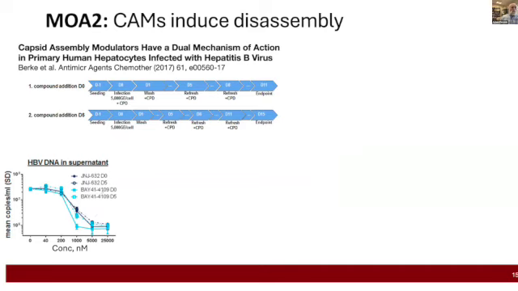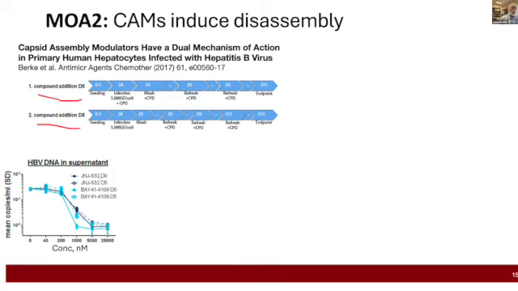The second mechanism of CAM activity really was developed in this paper by Jan Martin Burke and has since been advanced quite nicely. What was shown was that there's a real difference between the behavior when CAMs are added immediately after infection versus after a few days when the infection has had time to establish itself.